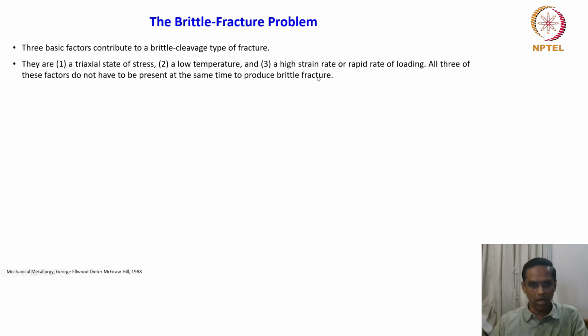Even any one of these factors will cause the brittle fracture. A triaxial state of stress, you know what it is; now you have sufficient background to understand this. Low temperature, that is what we have just seen in the previous slide, and we will see why it is so in a minute. And a high strain rate also makes the material brittle.